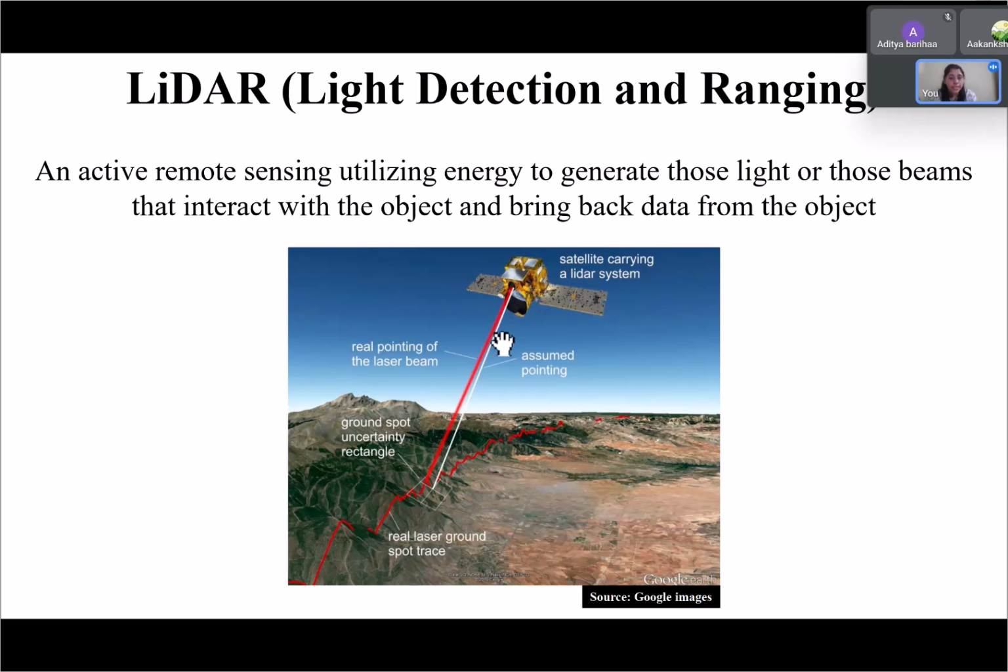So it is pointing the laser beam. Here it is using a laser instead of just a normal photon or normal beam, which is basically amplifying the beam and directing it to the object. The beam is reflected back by the object and captured by the sensor. So the light is also produced by the satellite on its own.